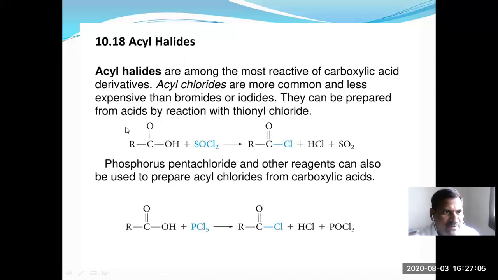They can be prepared from acids by reaction with thionyl chloride. So carboxylic acids react with thionyl chloride, and you get the acid chlorides. You can take acetic acid giving acetyl chloride. We can also prepare acid chlorides by reacting carboxylic acids with PCl5.